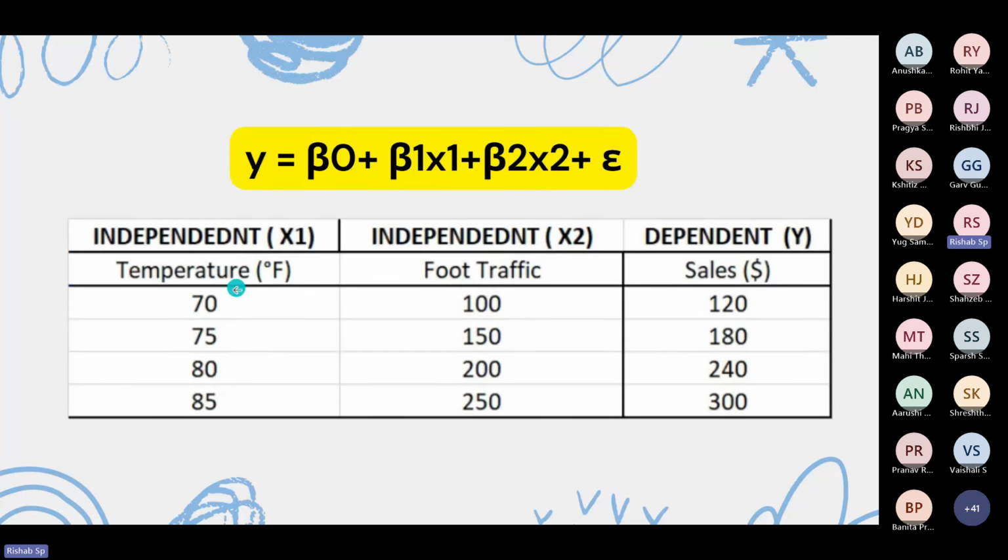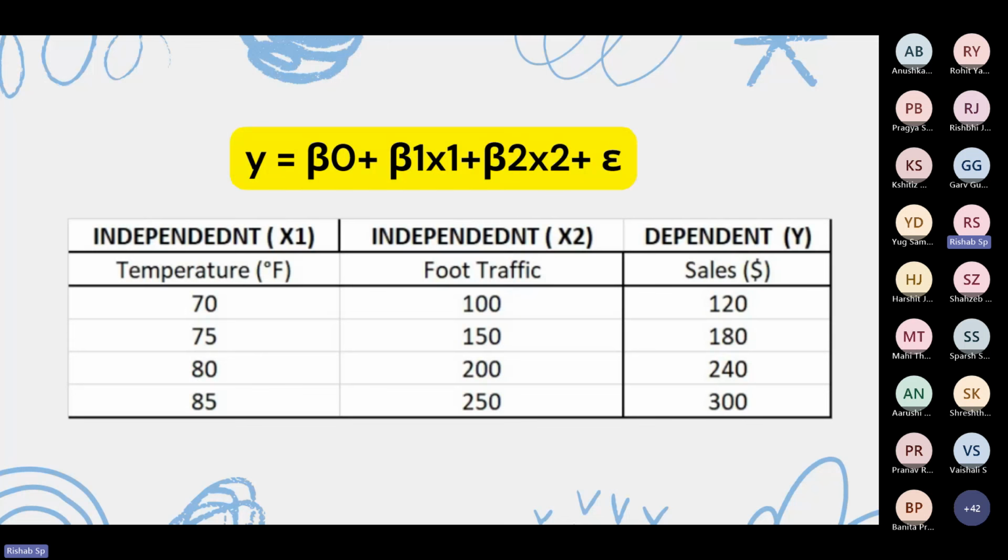If there is a question that asks to predict the sales that Mr. Bean makes, the question will provide beta 0, beta 1, x1, beta 2, and x2. Otherwise you can't find those, right? So you just simply put that into the equation. You must be aware of the equation.